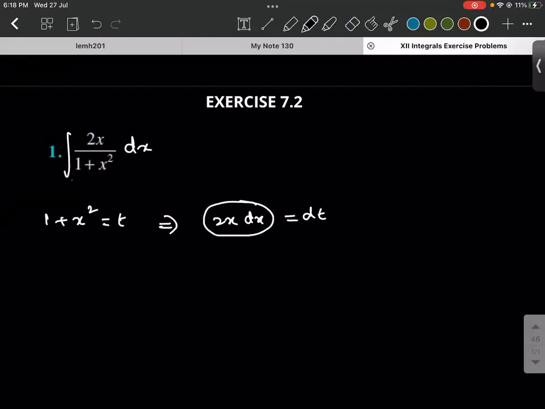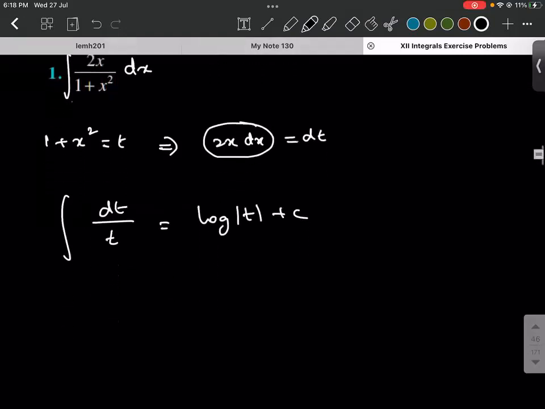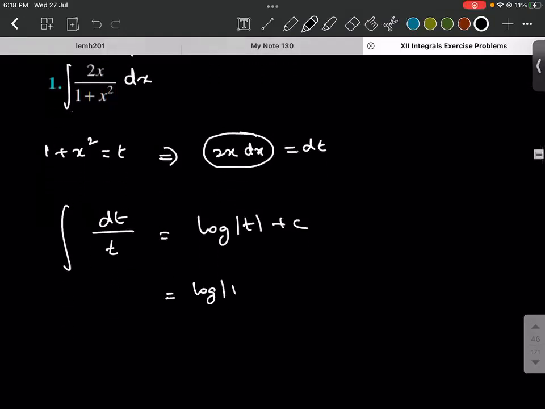Why am I writing it as 2x dx? Because I'm only differentiating with respect to x on both the sides. So it is integral of dt divided by t. What will the answer be? Log of mod t plus c, which will give me log of 1 plus x square plus c. Right, this is the answer.